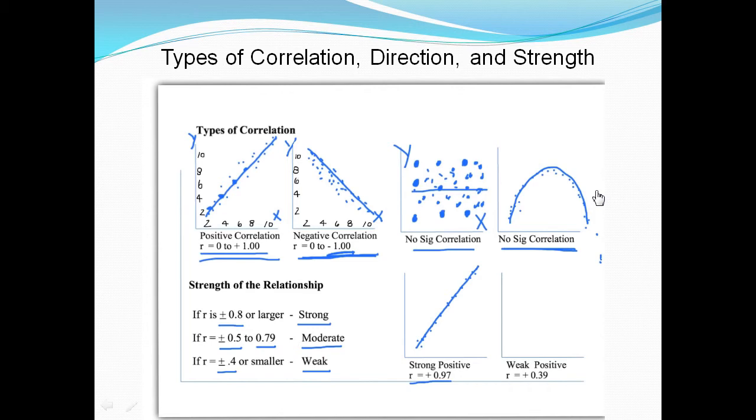For a weak positive relationship, it's still positive. There's going to be a very slight upward slope, but we're going to have a much bigger cloud of dots, as it were. And many of the dots are going to be fairly far away from that line. And our line might look something like this.